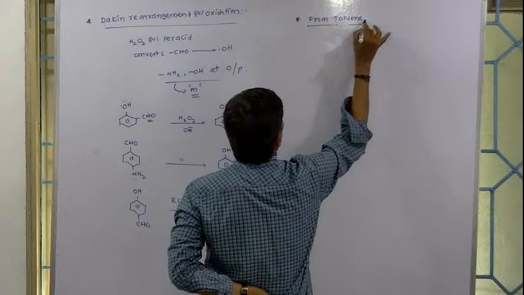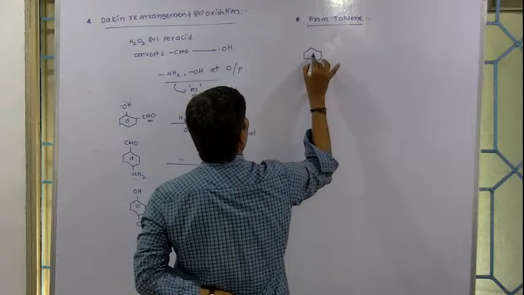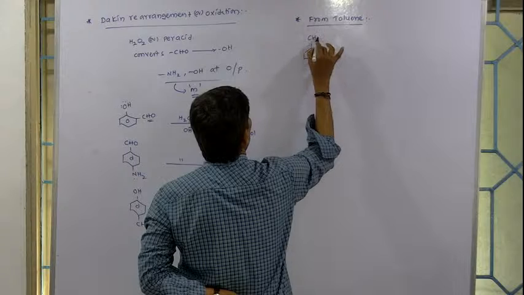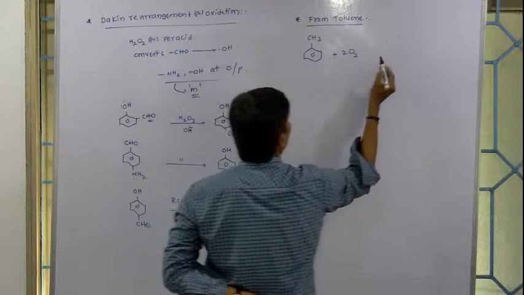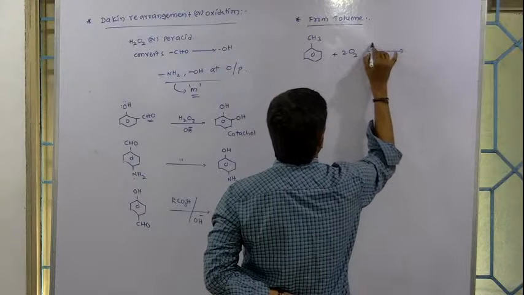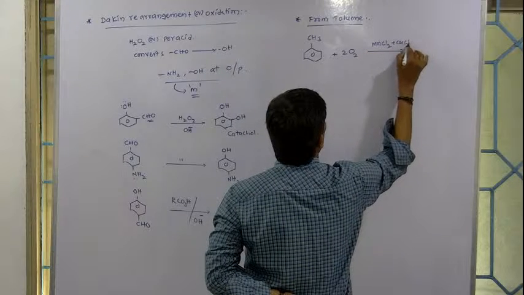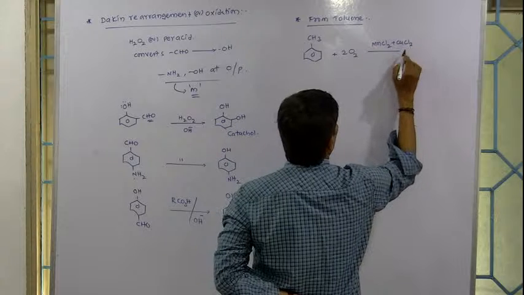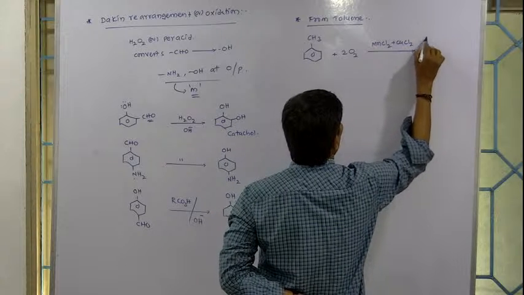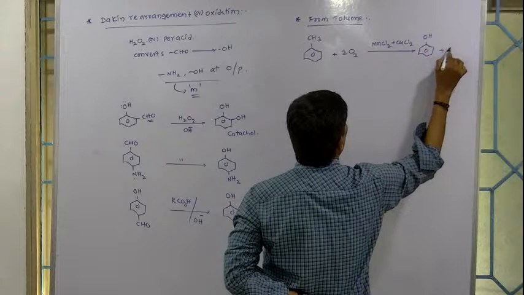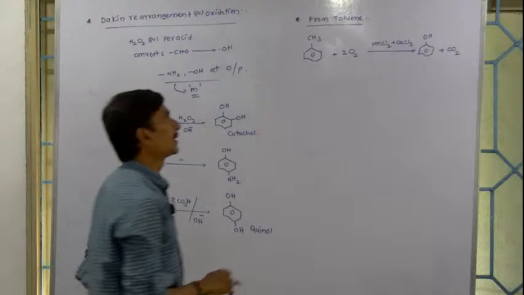From toluene, that is methylbenzene. If methylbenzene is treated with air, an oxidation with the air in presence of manganese chloride and cupric chloride, it forms phenol by the liberation of carbon dioxide gas plus H2O.